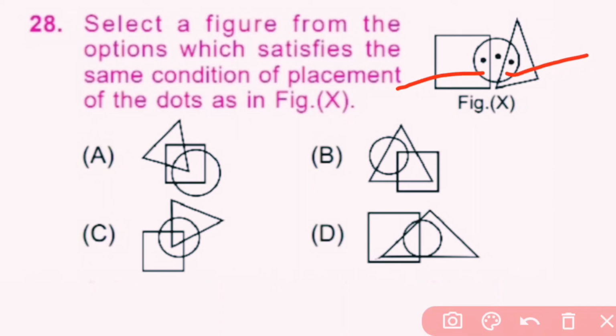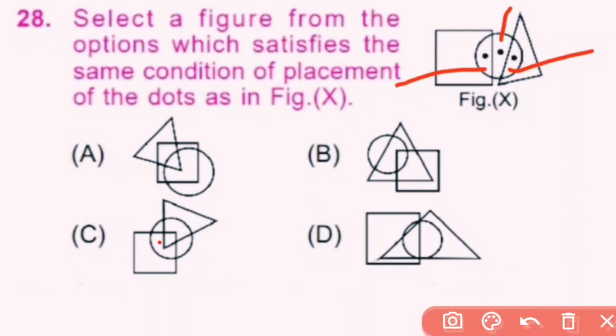This dot is placed in some part of the circle and some part of the triangle, and this is placed in only some part of the circle. So like this, in option C, one dot is placed in some part of the circle and square, the other dot is placed in some part of the circle and triangle, and this dot is placed in some part of the circle. So here C is the correct answer.